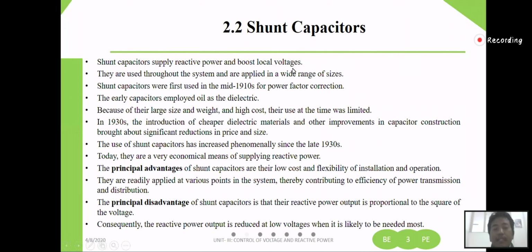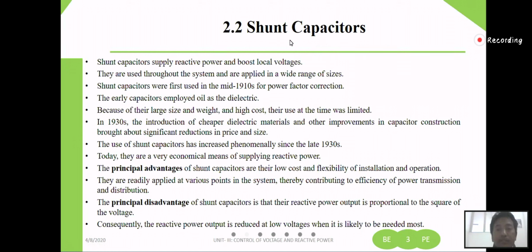If reactive power is completely zero, then voltage will be zero. If voltage is zero, then the active power will be zero. So it is not desirable to have reactive power zero, but it is also not desirable to have reactive power very high, so we have to limit it within the controllable range.